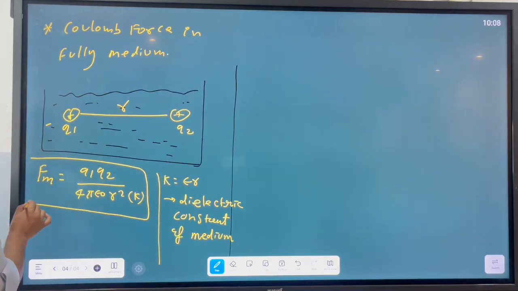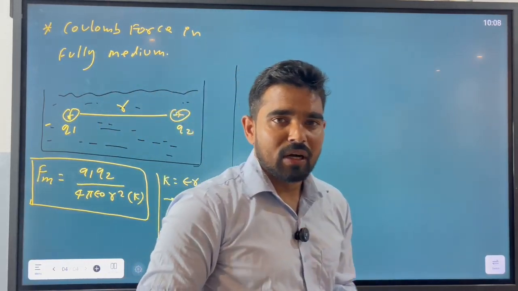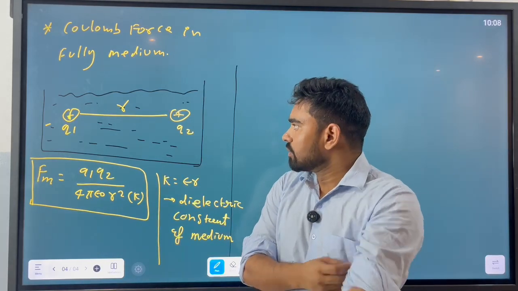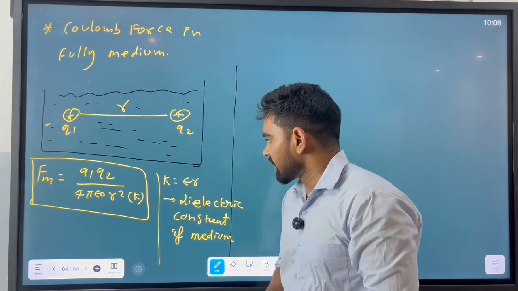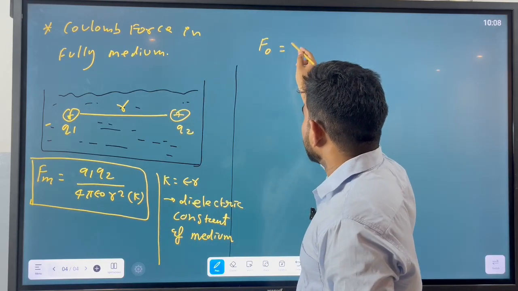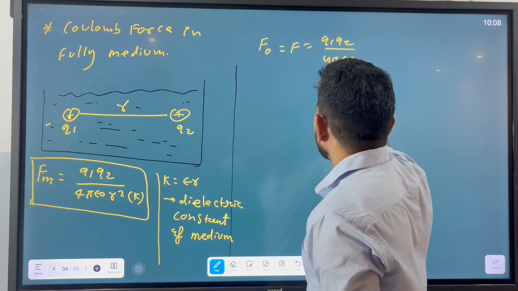This is the value of Coulomb force in a medium, when the medium is fully filled between both point charges. And F0, meaning F in air or vacuum, equals Q1 times Q2 divided by 4 pi epsilon naught r square.